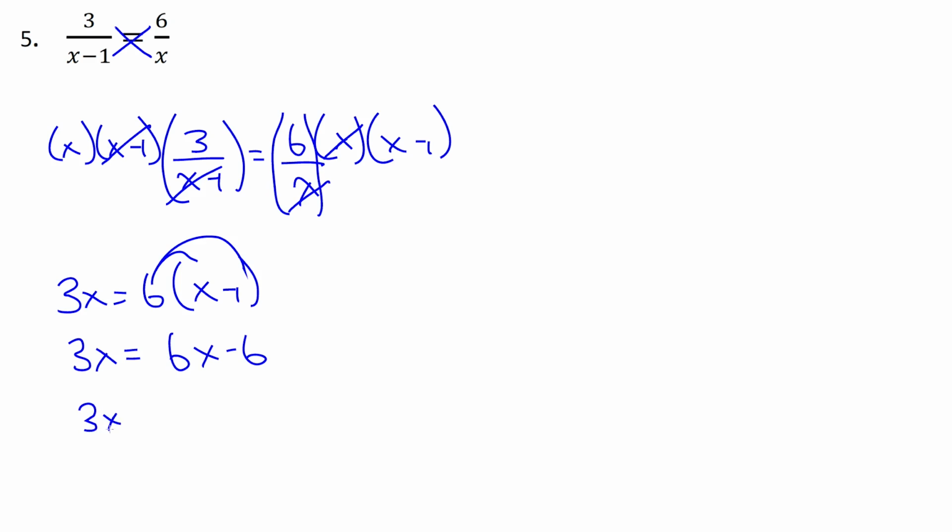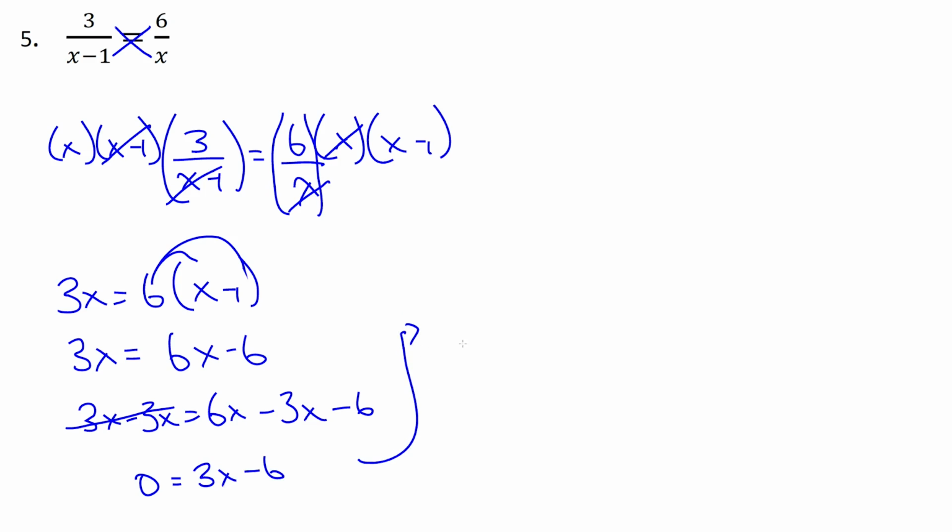So we'll say 3x minus 3x is equal to 6x minus 3x minus 6. That will be 0 temporarily. And then we'll have 3x minus 6. And let's just continue this over just right here. Then we'll move the minus 6 over to the other side.